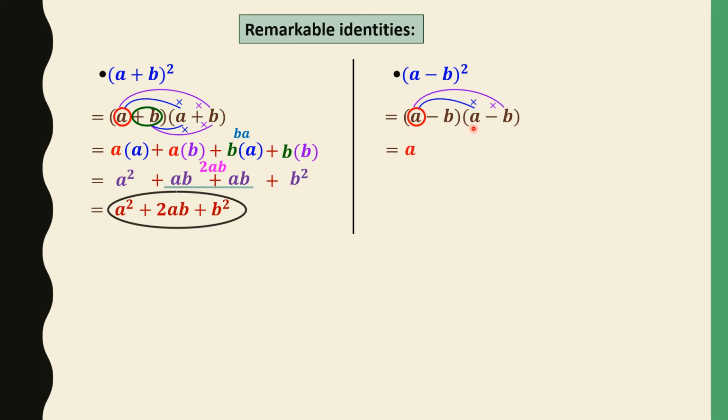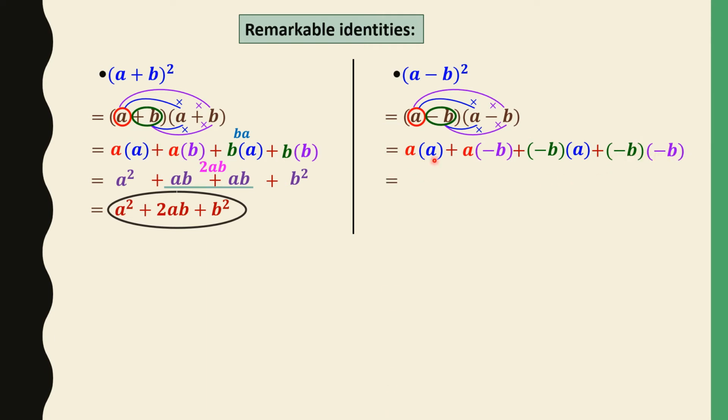We obtain a into a plus a into negative b. We write plus, then we need to multiply negative b by a, then negative b by negative b. We obtain negative b into a. Now we write plus negative b into negative b. Since they are negative, we write them between parentheses.